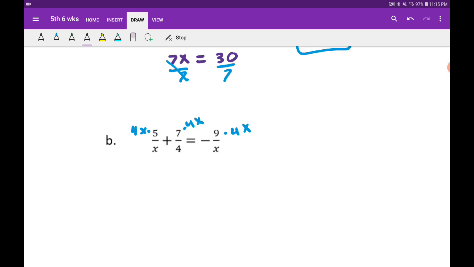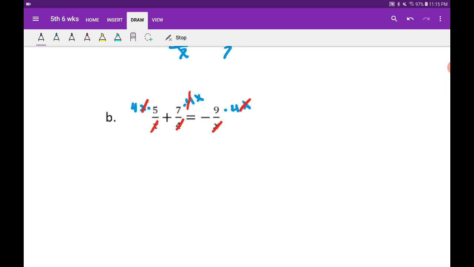We simplify. The x's will cancel out, the 4's will cancel out here, and this x will cancel out with that x. What we have left over: 4 times 5 is 20, 7 times x is plus 7x, and negative 9 times 4 is negative 36.